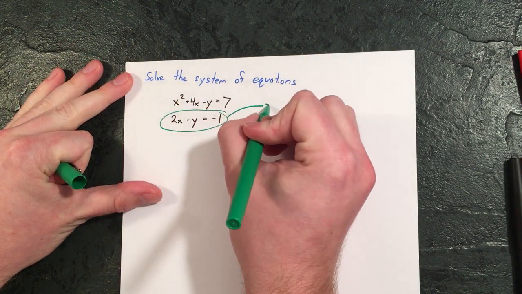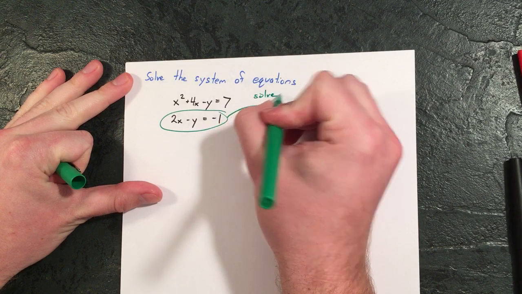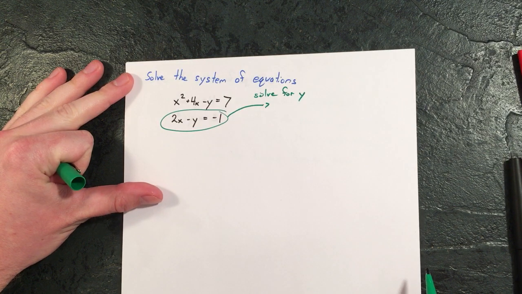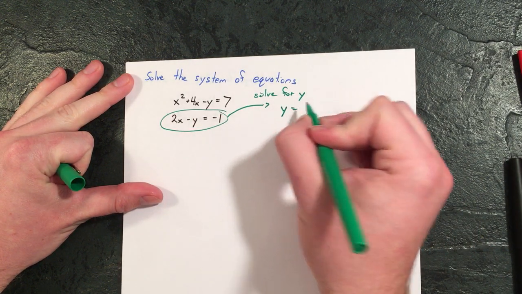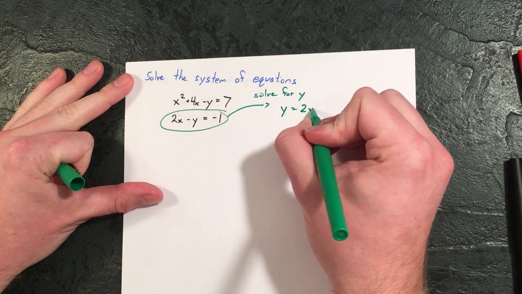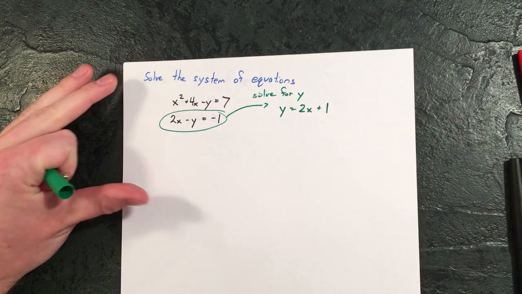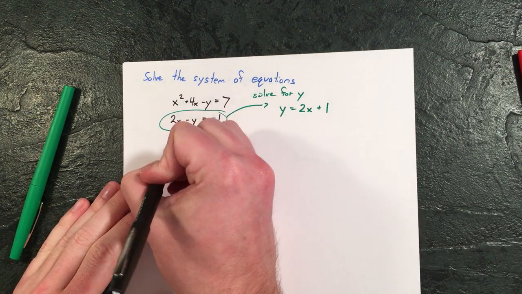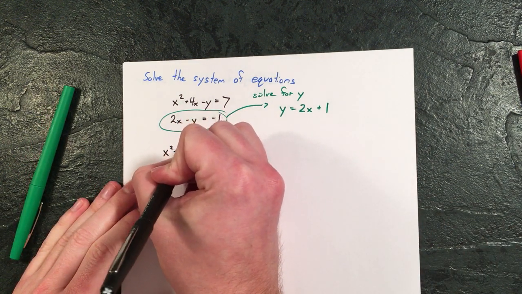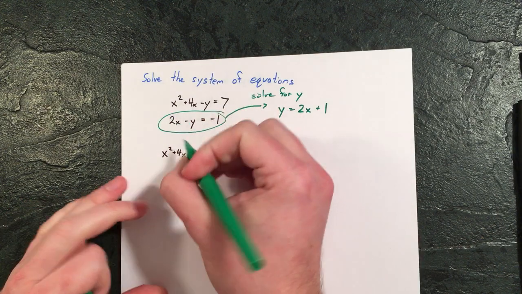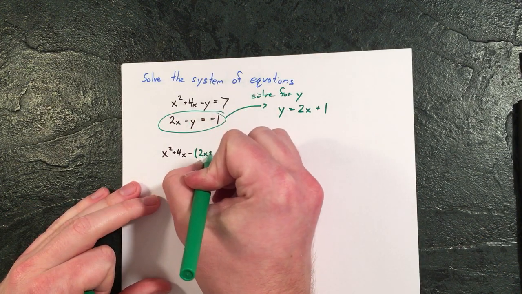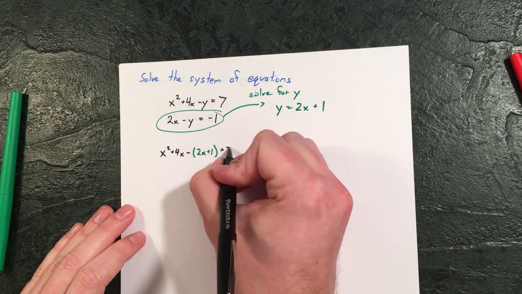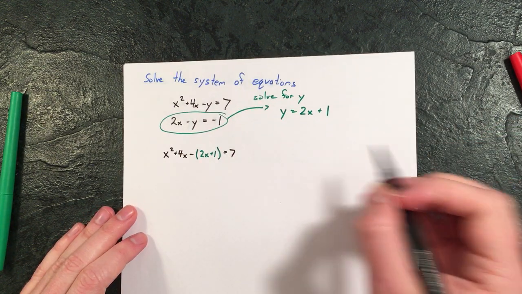So let's take this second equation and solve for y. So y is going to equal here 2x plus 1. Once we have that 2x plus 1, we can go back to the first equation and put that in for our y term.